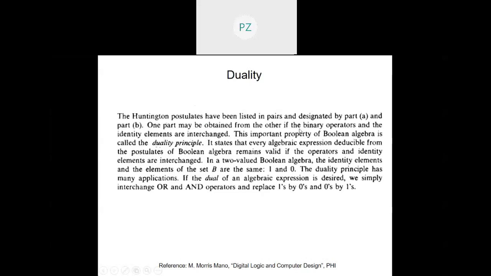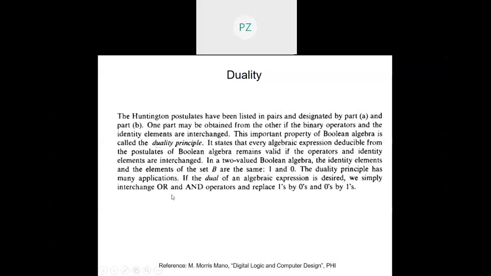One part may be obtained from the other if the binary operators and the identity elements are interchanged. This important property of Boolean algebra is called the duality principle. It states that every algebraic expression deducible from the postulates of Boolean algebra remains valid if the operators and identity elements are interchanged. In a two-valued Boolean algebra, the identity elements and the elements of the set B are the same, 1 and 0.